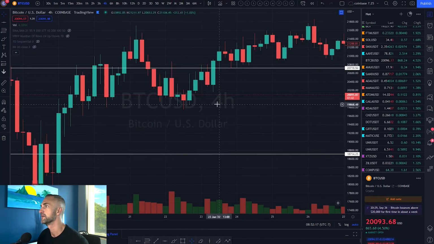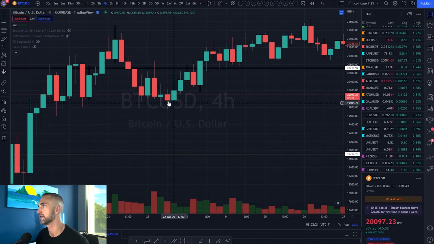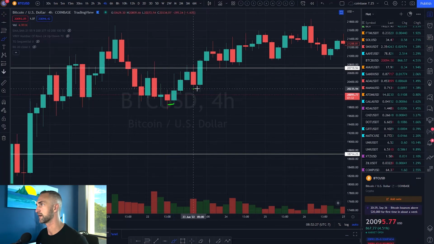But in this case, we do have a bit of a reversal right here. So in comparison to this low, we have a higher low, right? In comparison to this high, we've got the higher high. So you got your 4 points. It would have been confirmed on this candle body closure right here.